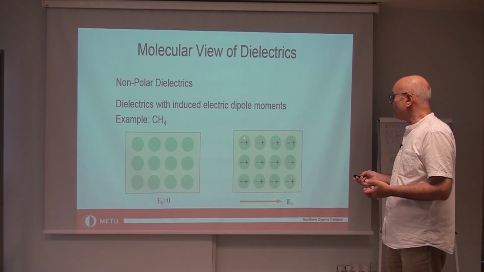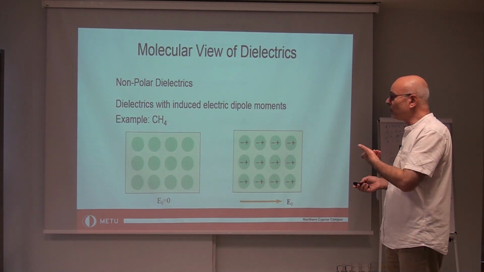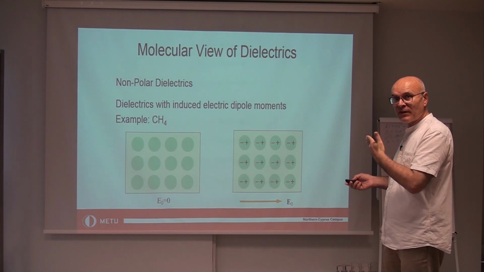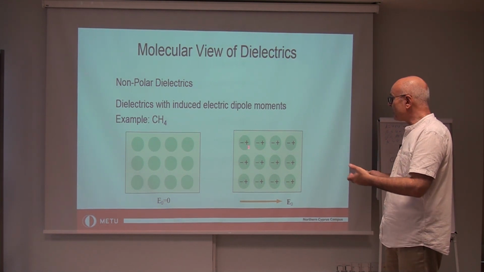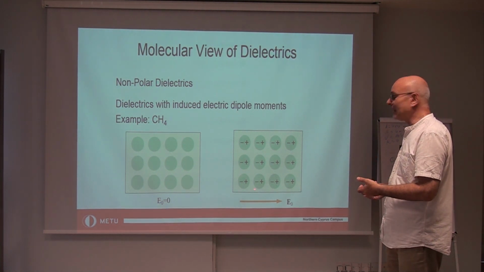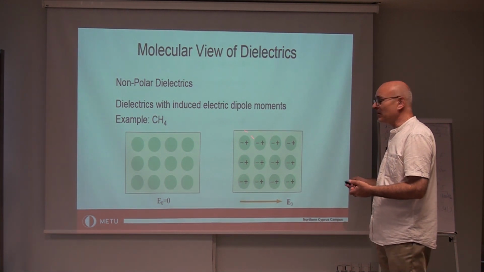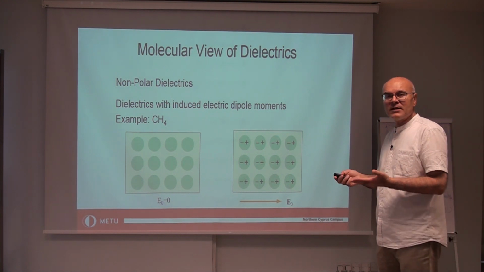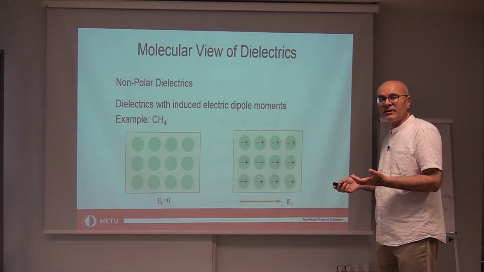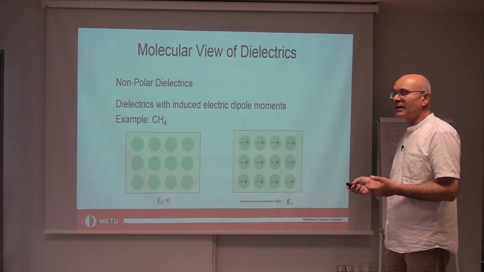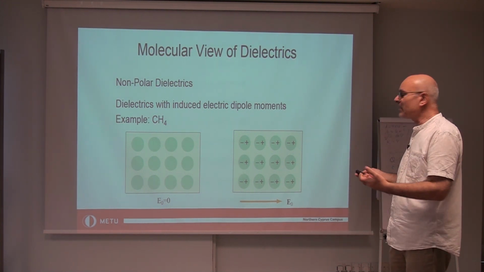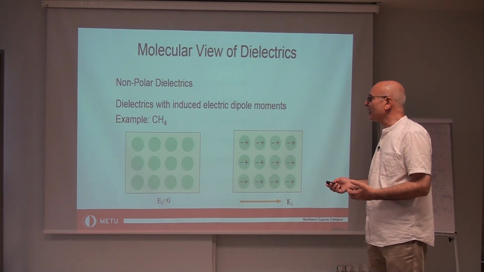Because the negative charge here will be pulled to the left, against the electric field, and the positive charge will be pushed to the right, with the electric field. And so, in this case, they will get split in this manner. The result is more or less the same as in polar dielectrics: you will have a polarization of the molecules.